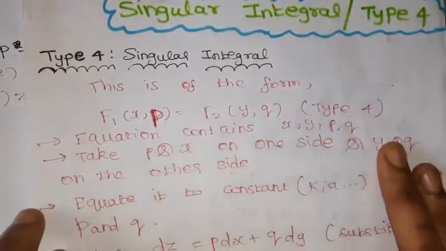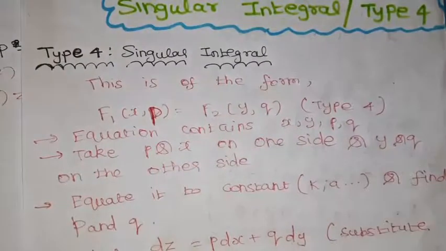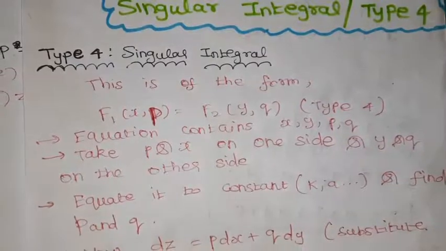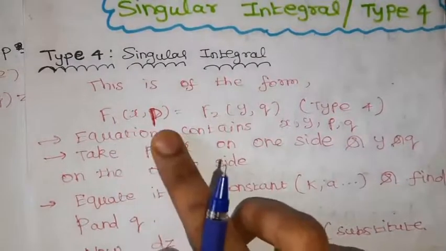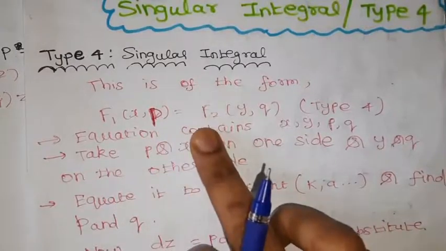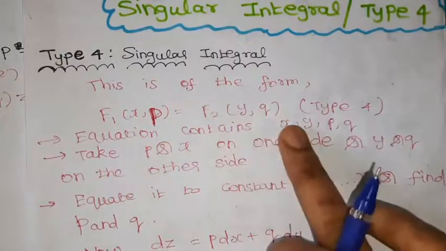How can we identify the given equation as type 4? This is of the form f1 of x comma p equal to f2 of y comma q.